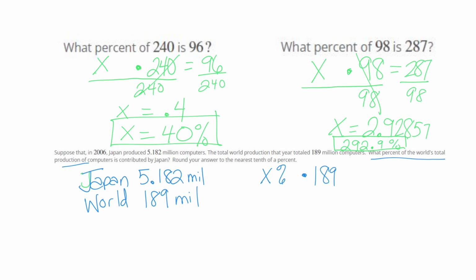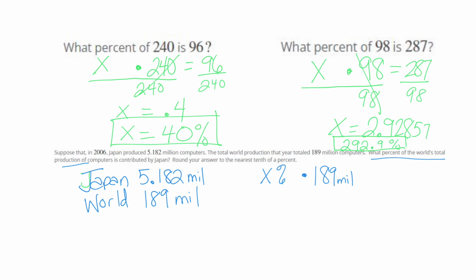And in fact, since they are both in millions, you don't really even have to write the zeros. You could, if you felt like you needed to, add a bunch of zeros. But since they're both in millions, when you divide it out, it will play out the same way. I'll even write 189 mil like that.